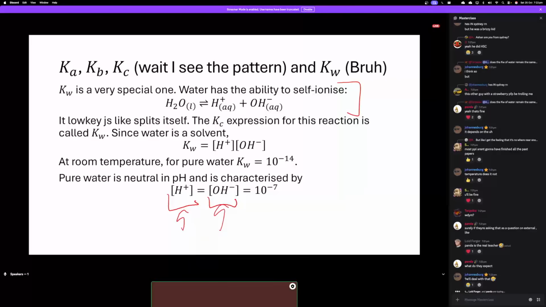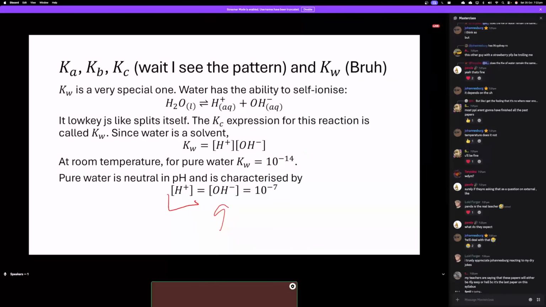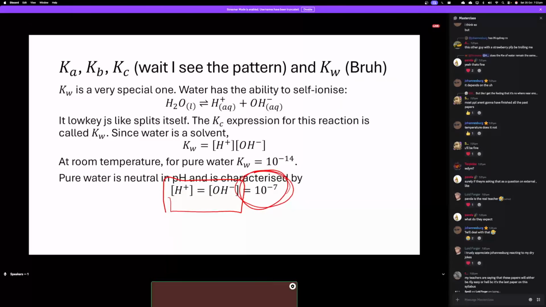Remember, I did say that if temperature changes, the Kc values, so Kw, Ka, Kb, all of them, will change with temperature. So at a different temperature, this value is different and this value is different. But as long as it's pure water, these two should always be equal. And if it's at room temperature, this is true too.